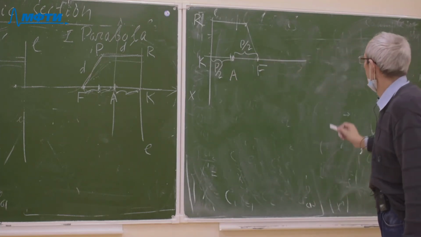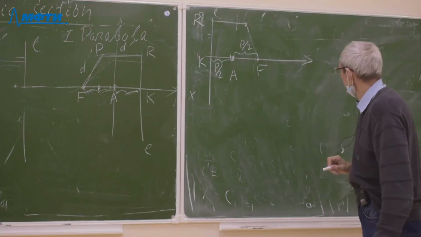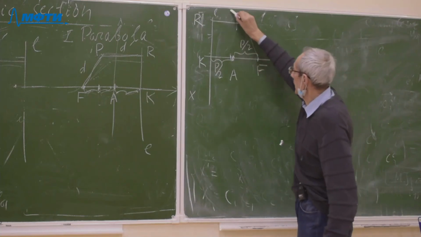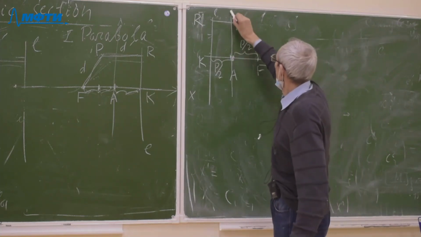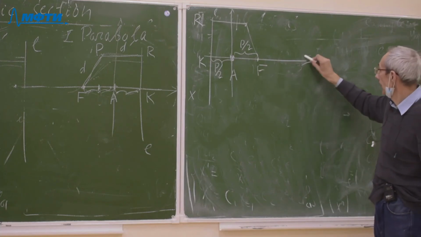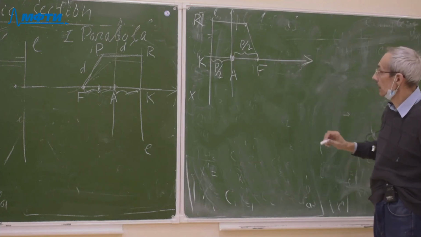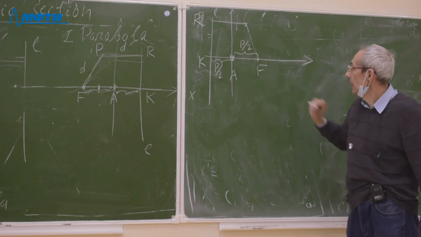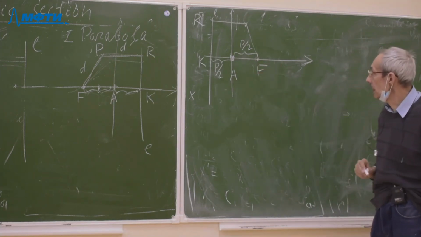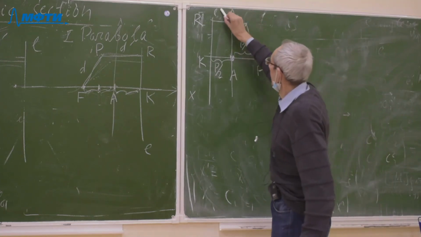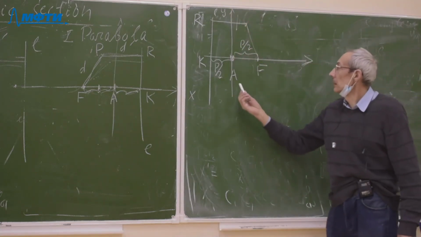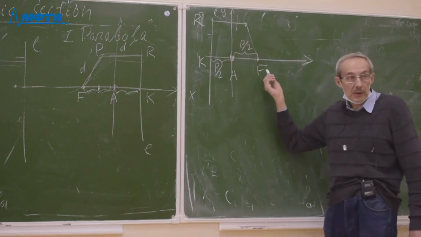And let's consider the coordinate system such that the x line coincides with the straight line which passes through F and A, and the y axis is orthogonal to this straight line.